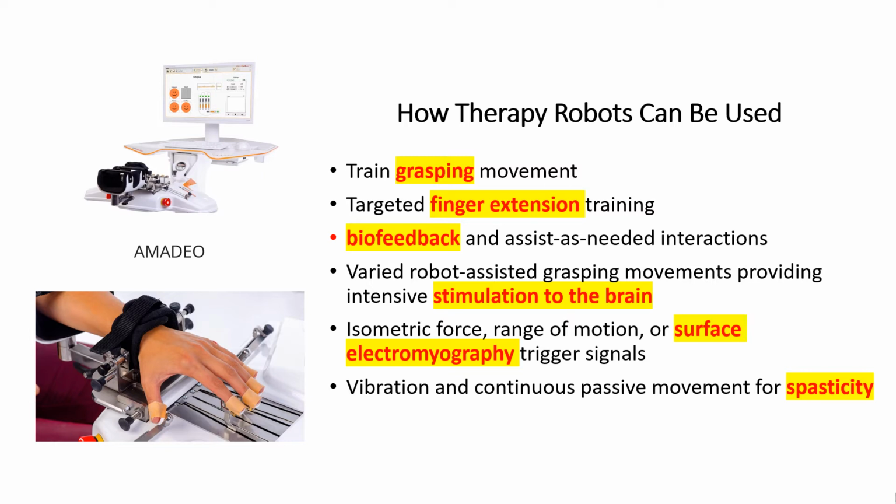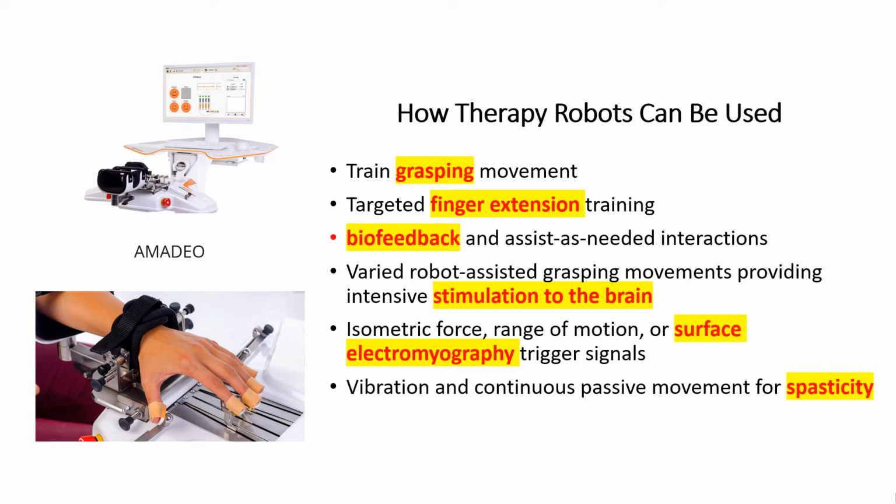It also allows for targeted finger extension, because one of the problems, especially in stroke with increased spasticity, is the inability to extend the fingers, and the robots can help extend the fingers to open the grasp so as to provide a proper grip.